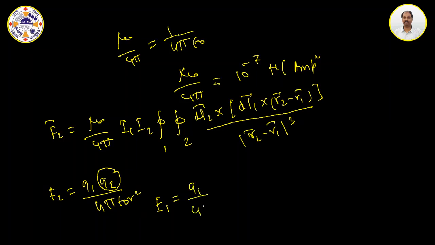It is Q1 by 4 pi epsilon 0 r square. I am just omitting Q2. In a similar manner, if we omit I2 dl2, it will give us the field at the position of dl2.